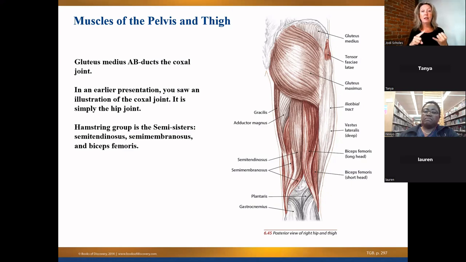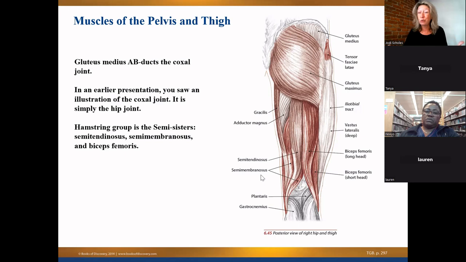Brachii is upper body: the brachial plexus, the biceps brachii, the brachialis. Those are all upper body. But look at this, biceps femoris. Femur. That's your giveaway that you're talking about a hamstring in the leg. Then we've got the 2 other hamstrings, semitendinosus and semimembranosus.